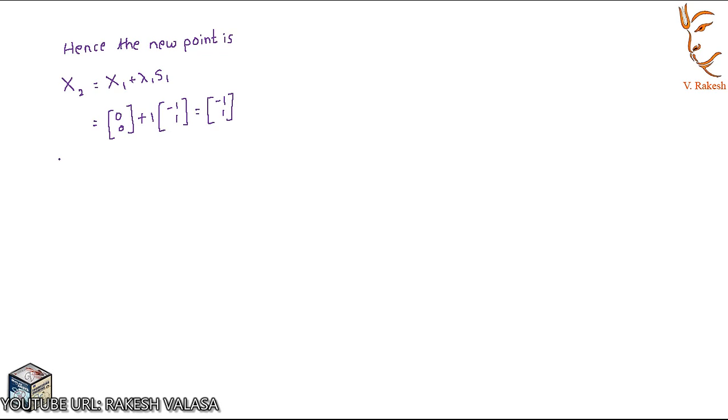Next move to step 3. Step 3 means check the optimum value. That means delta f of x2. Now substitute the x2 values in the delta f.